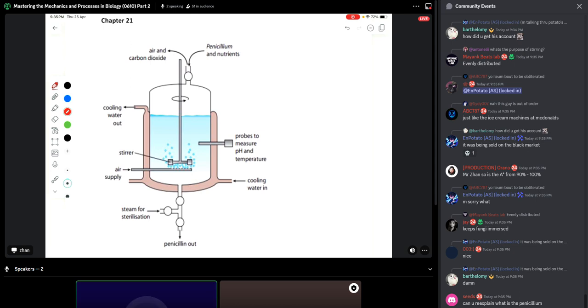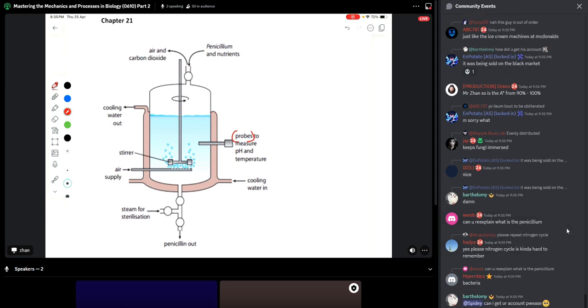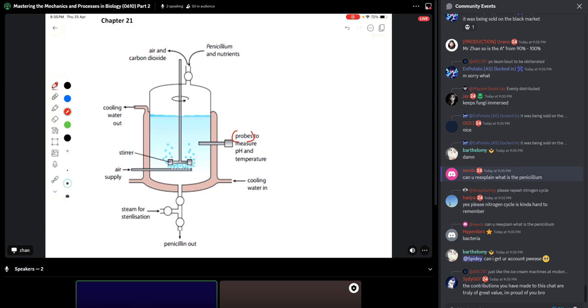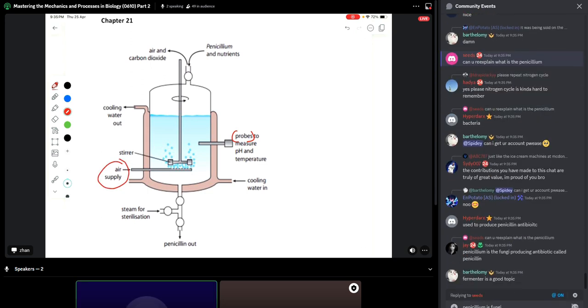We have a probe, which measures the temperature and the pH, to check whether there are any significant changes, because it all has to be under suitable conditions. Then we have an air supply, which contains different gases, mainly oxygen, so that aerobic respiration can occur.